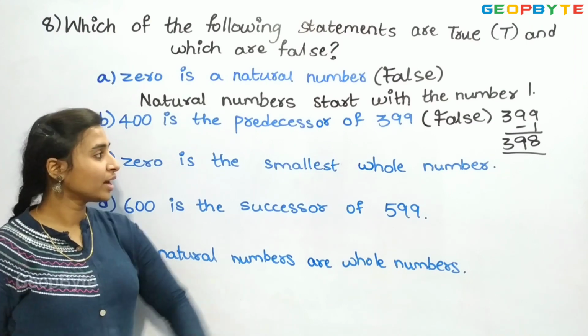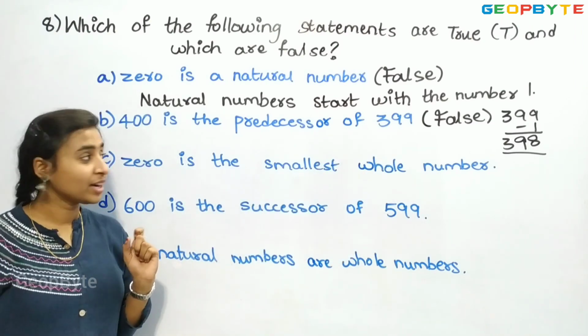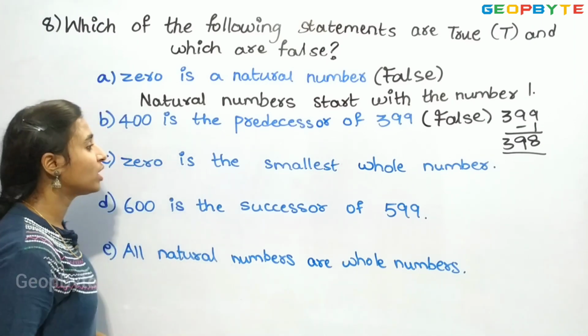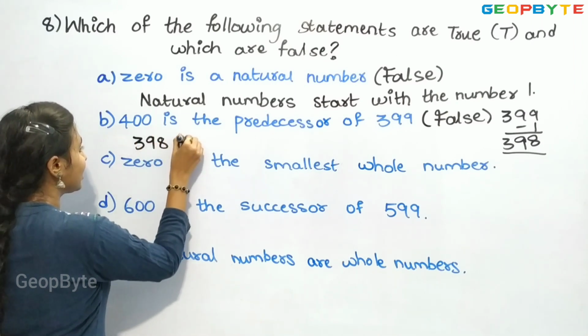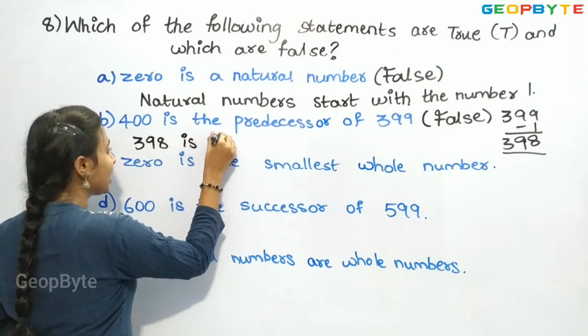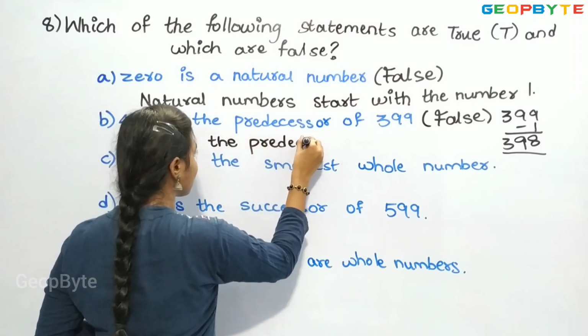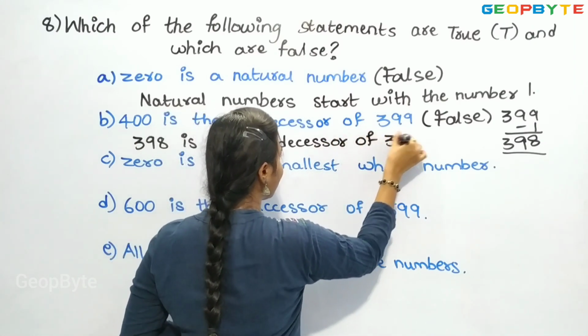When we add 1 to 399, we get 400. So, 400 is not the predecessor of 399, hence it is false. So, 398 is the predecessor of 399.